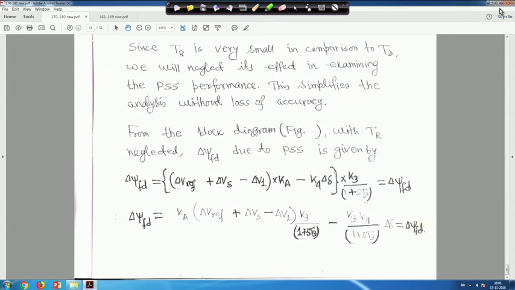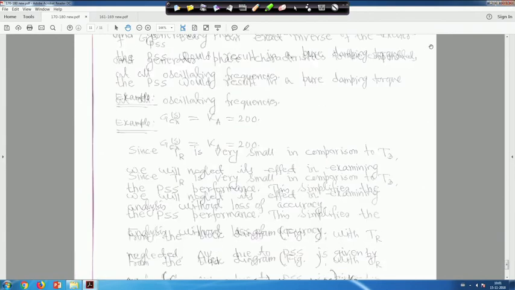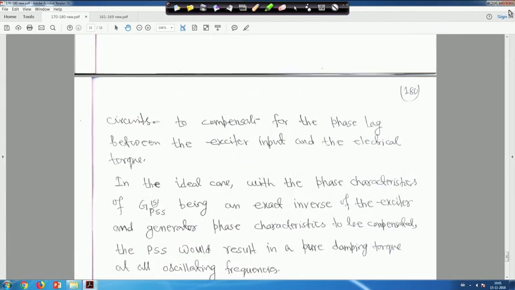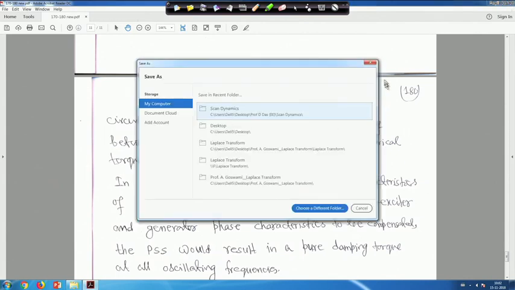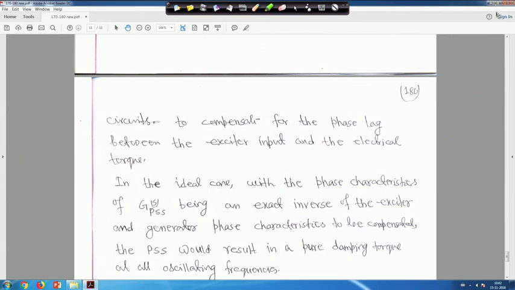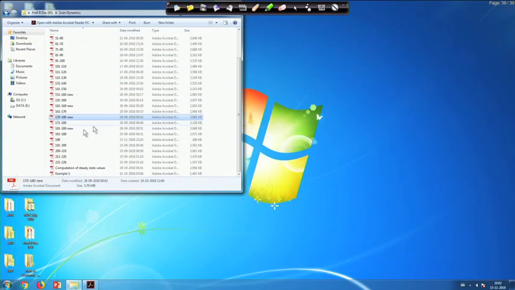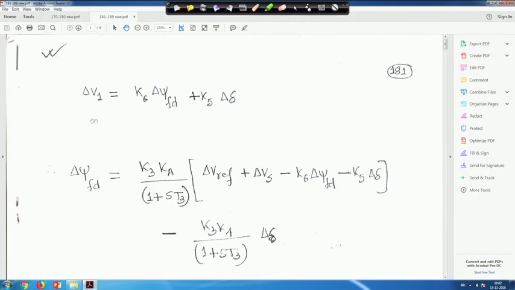So, just hold on. That means delta V1 is equal to K6 delta psi FD plus K5 delta delta from that block diagram only.